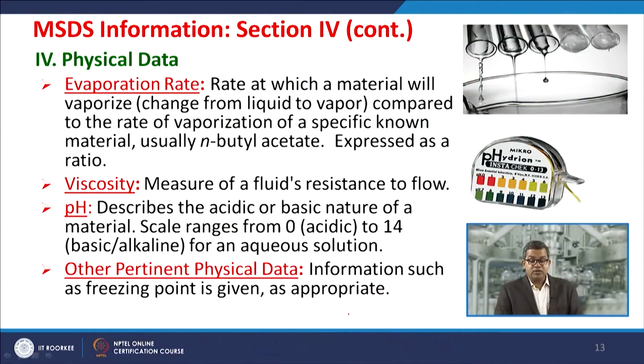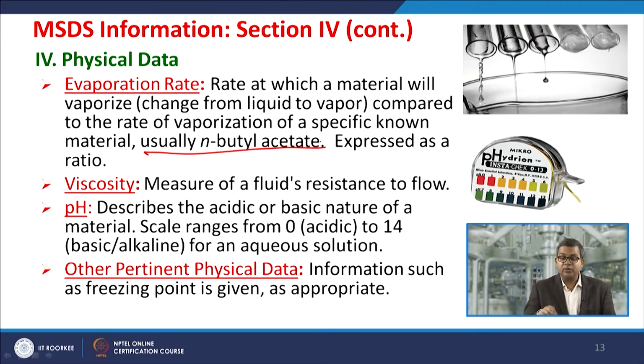Then the evaporation rate, the rate at which a material will vaporize or change from liquid to vapor compared to the rate of vaporization of a specific known material, usually normal butyl acetate, expressed as a ratio. Now again, whenever you are using this as a reference material, you must know what my reference material is. Only then you must interpret these data.